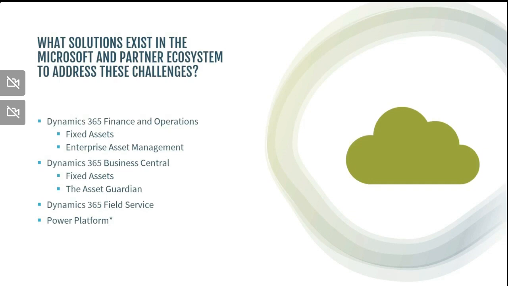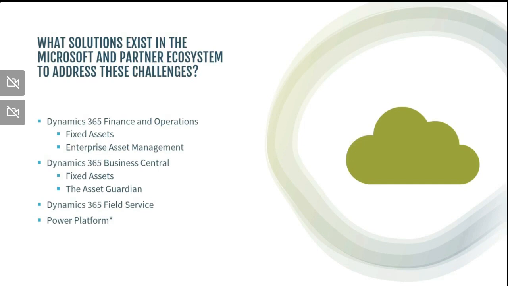If you have Business Central, or what we call Dynamics 365 Business Central, we can use the fixed assets inside of that system along with third-party products such as Asset Guardian to drive some of the best practices used to address those challenges.